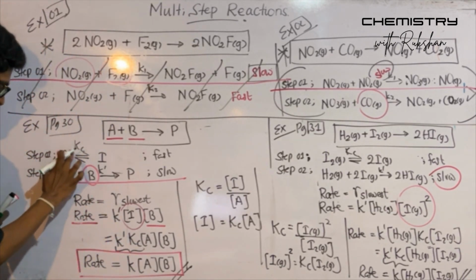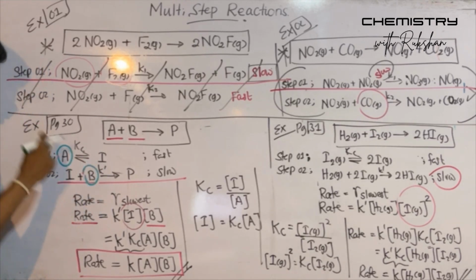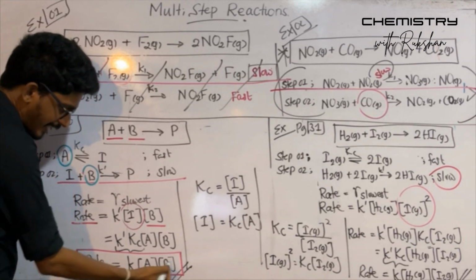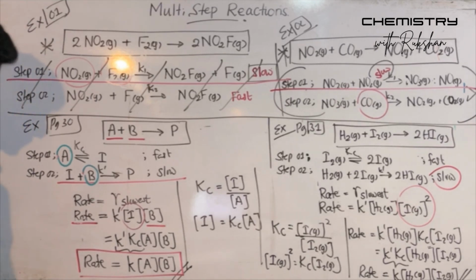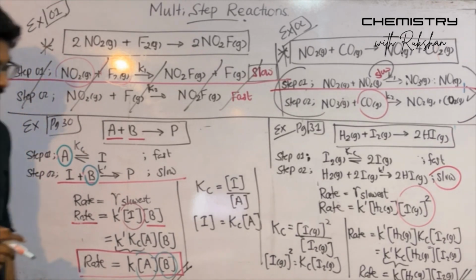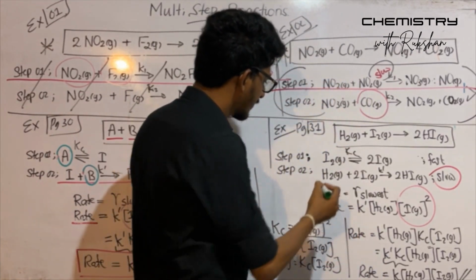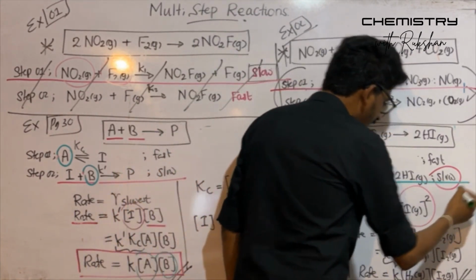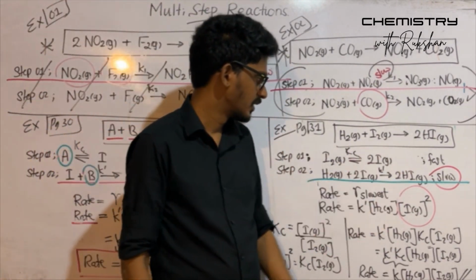See, one A molecule and one B molecule. That is why in the rate expression you see one A molecule and one B molecule appearing. One A molecule and one B molecule. Here as well, this is the slow step.